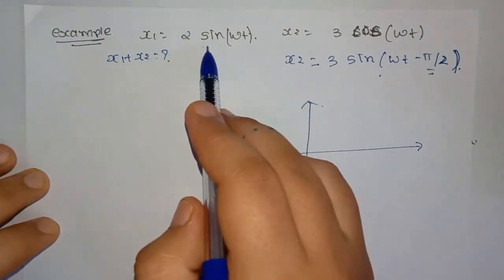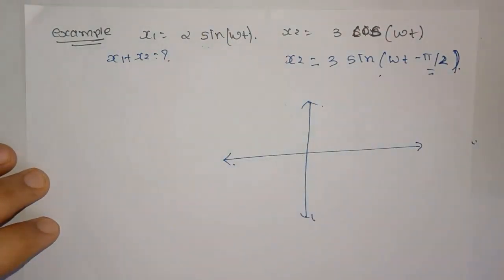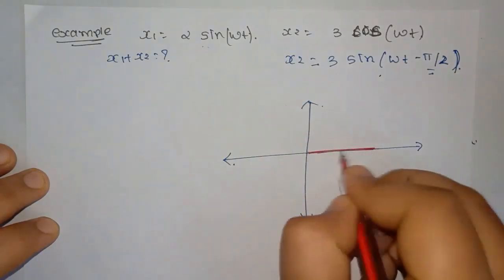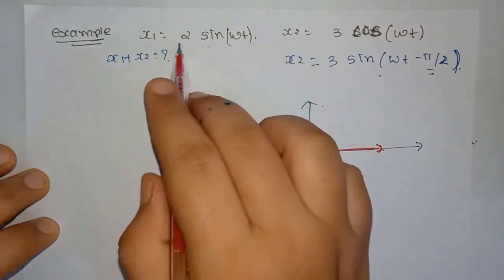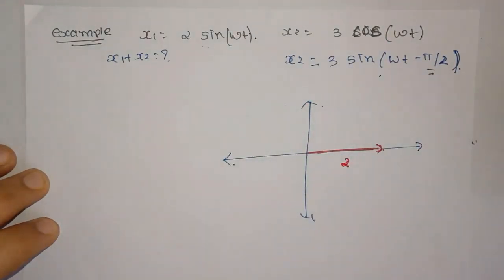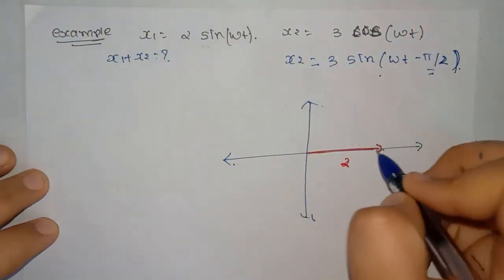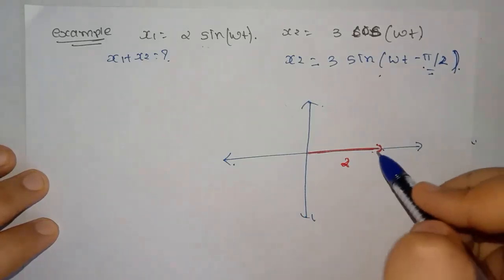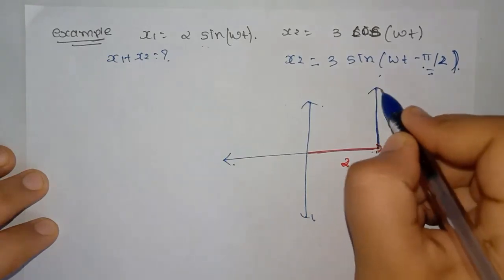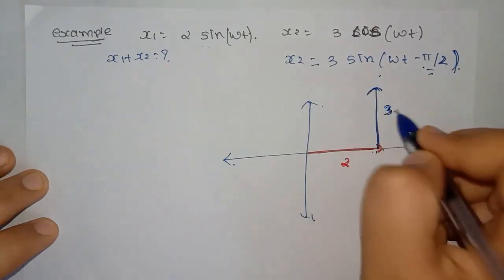the initial phase of this one is 0, so it will be along the x-axis only, and its length is 2. Now, x2 is making an angle 90 degrees with x1, and its magnitude is 3.